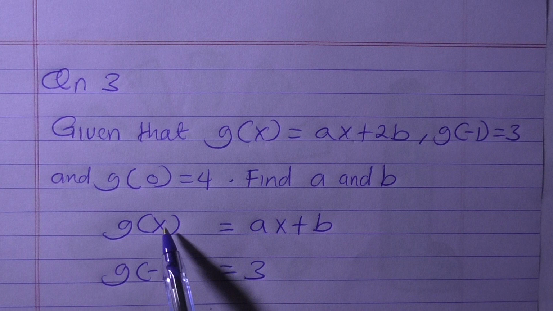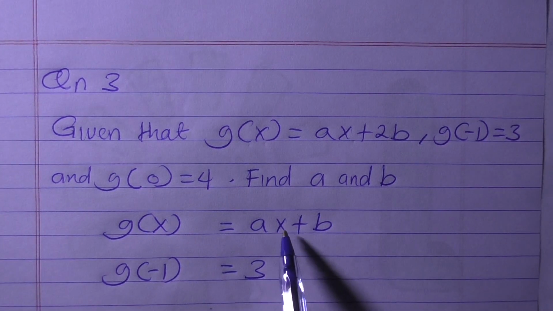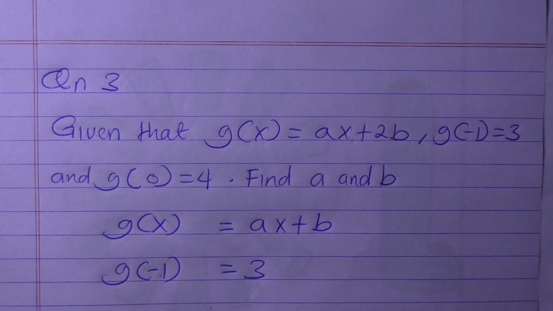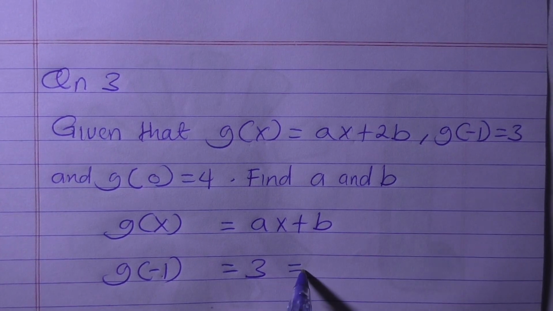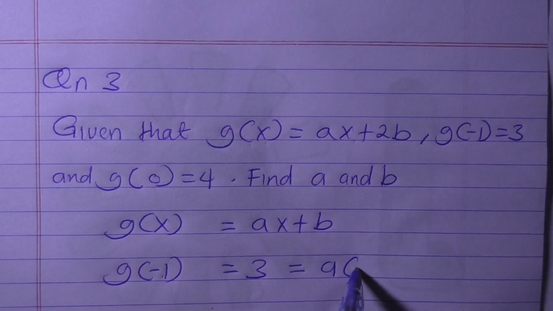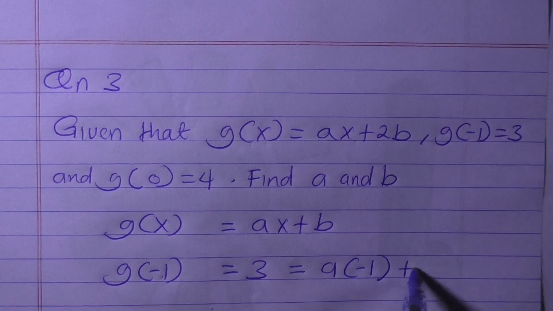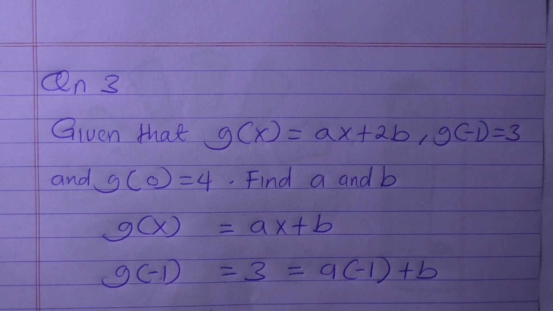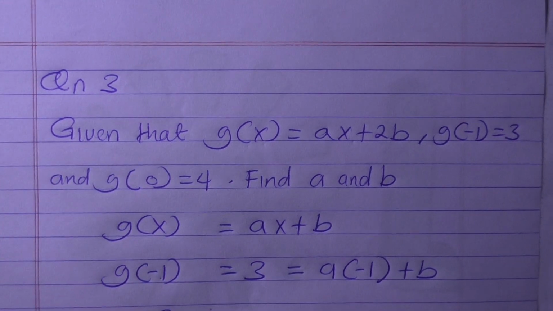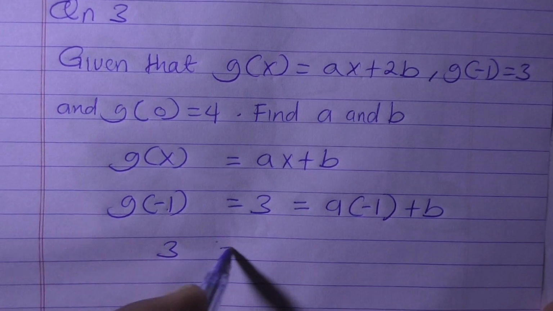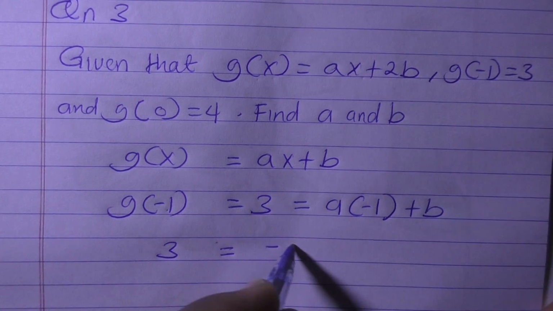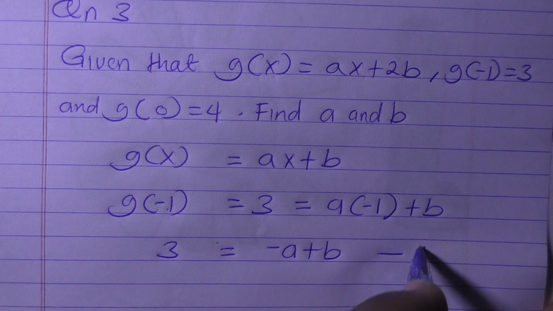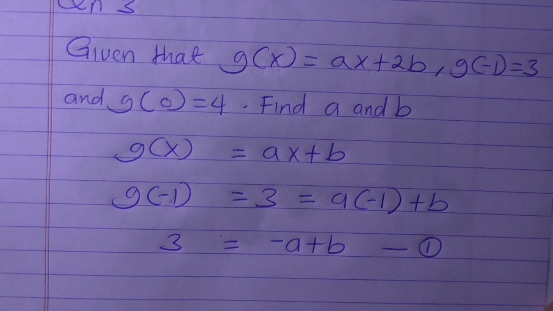So meaning that in the general equation where we have x, we shall replace with -1, meaning that this equals a into -1 plus b. And therefore, this gets us 3 equaling -a plus b. We can take this as our equation 1.